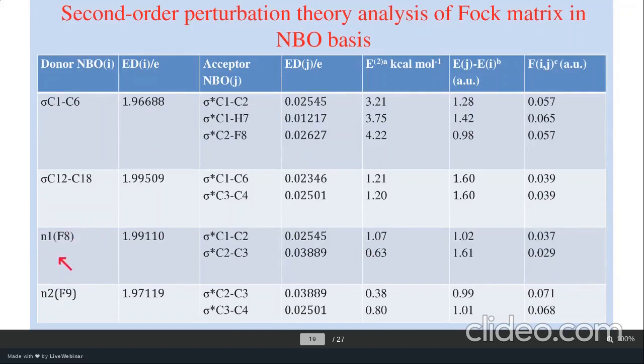Here we have denoted by these terms the lone pair of F8. This is distributed all over the sigma star bond C1-C2 and sigma star bond C2-C3 with energies 1.07 and 0.63. As we have discussed, the greater the energy value, the more intensive the interaction between the electron donor and electron acceptors.